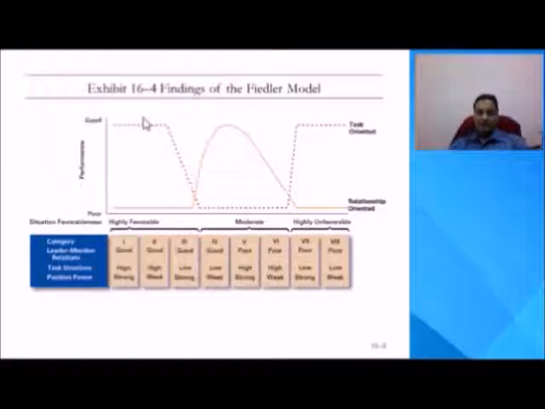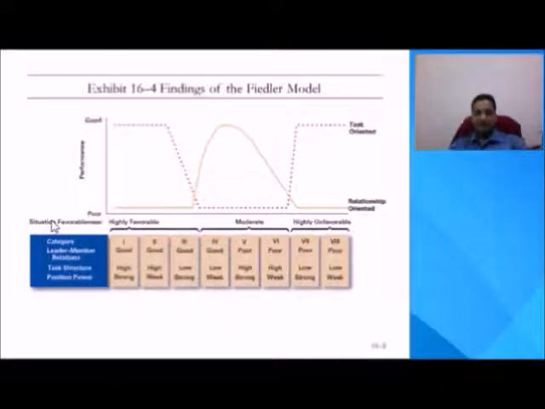Then Fiedler tried to match the situation with the leadership style to see which leadership style is effective in the situation. He created a matching format where you have the situational favorableness from highly favorable to highly unfavorable.